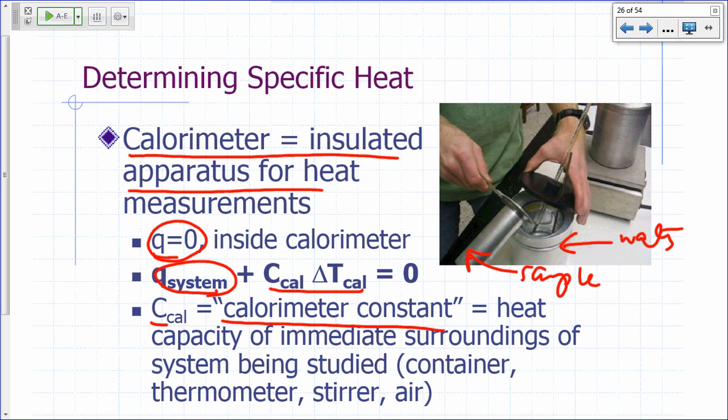All of that extra stuff will absorb some of the heat or release some of the heat depending on what's going on. So we lump all the heat capacity of all of these things into just one value, called the calorimeter constant. Your delta T cal would be the change in the temperature of all of these other things.